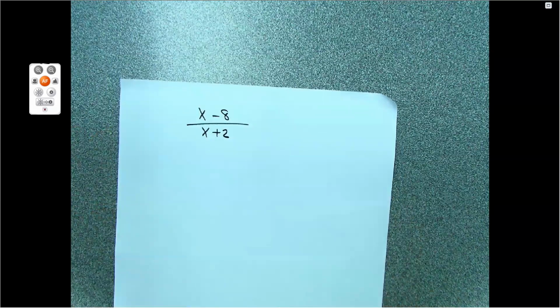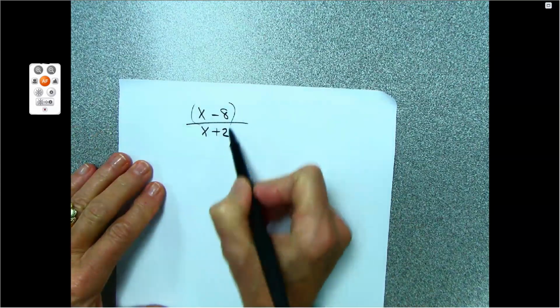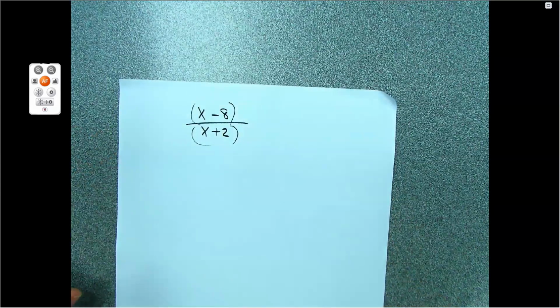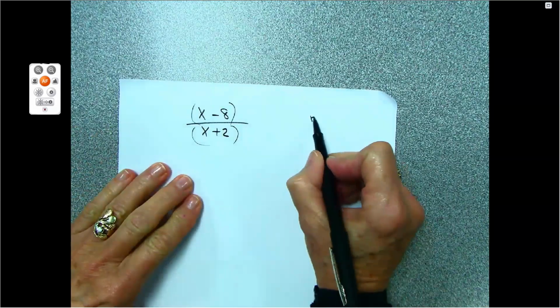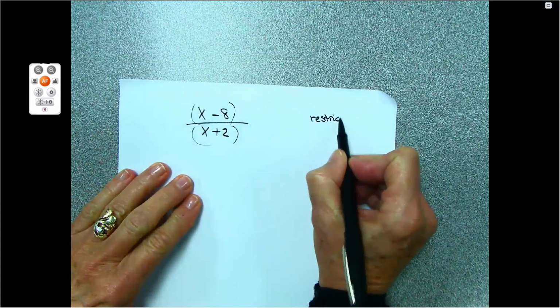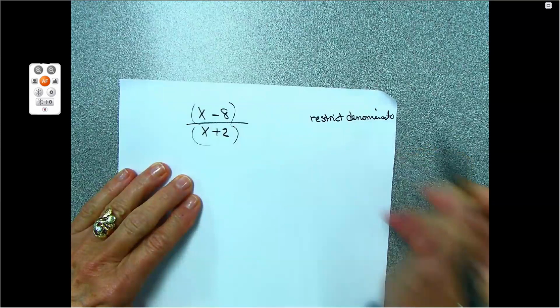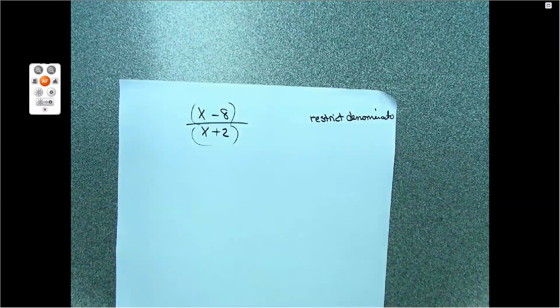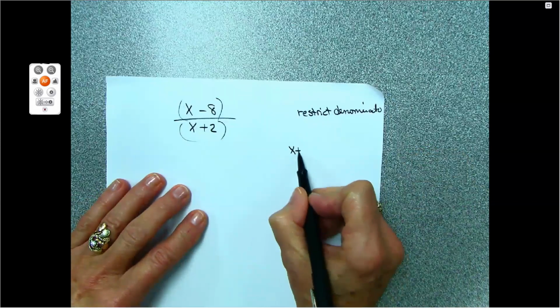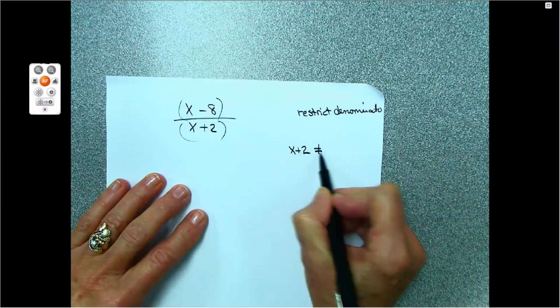Okay, so in this example, we have a binomial divided by a binomial. So we're looking at the quotient of polynomials, but we want to restrict the denominator. We cannot let the denominator take on a value of 0. The denominator x plus 2 cannot be equal to 0.